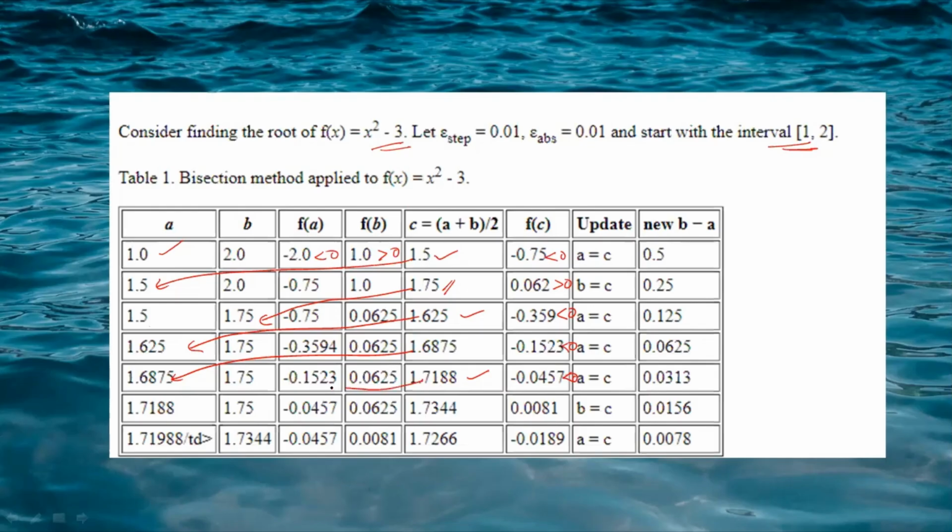Therefore it will come to A place. Next bisect it, 1.7344. You got positive. Positive means it will come to B place. See. Again bisect it. If you go on 2-3 steps, you get 0.00. Next, if you do 2-3 steps, you will get 0.000. So some 7-8 steps, we can get the desired result.